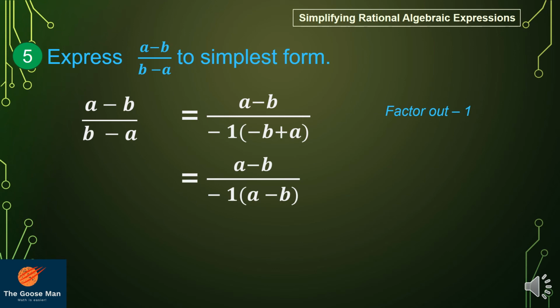I'll interchange negative b and positive a using the commutative property of addition. So I have here a minus b. So I can now factor out the expression a minus b and a minus b. So I have 1 all over negative 1, which is equal to negative 1.